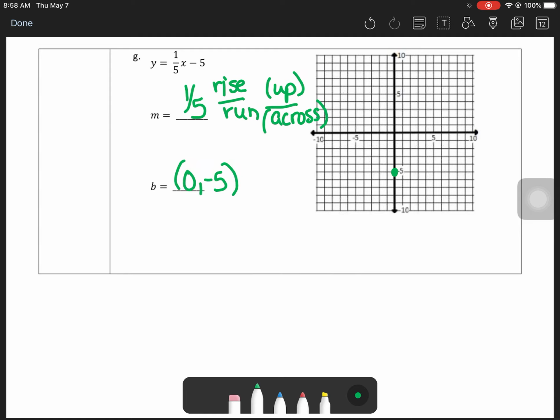So from that point, we're going to go up 1 box and we're going to go over 5 boxes. Let's do it again. Up 1 box and over 5 boxes. Then we're going to connect them together with arrows on both ends, and that is our slope and our y-intercept.